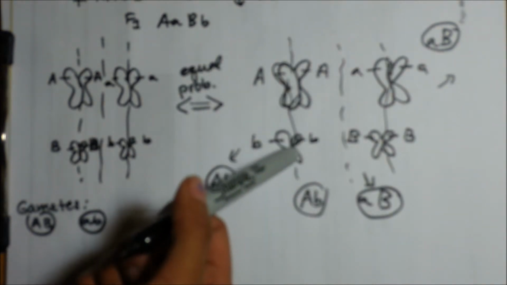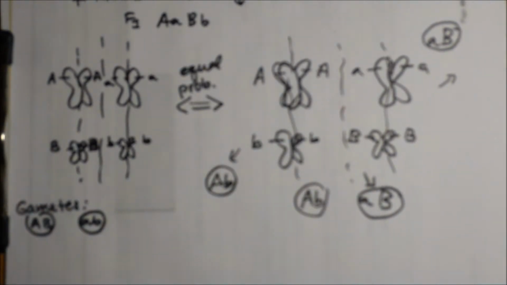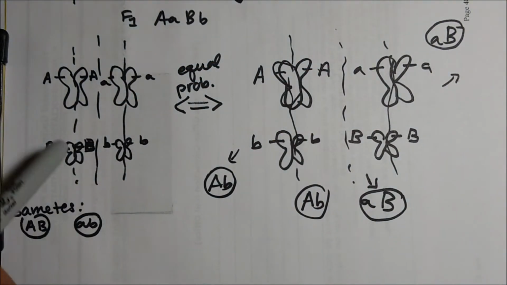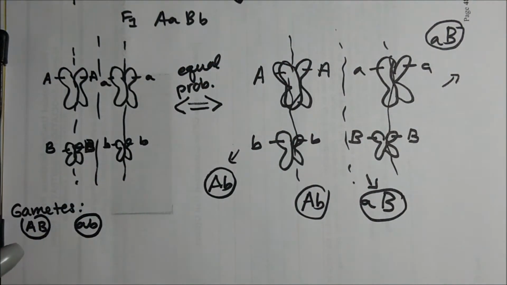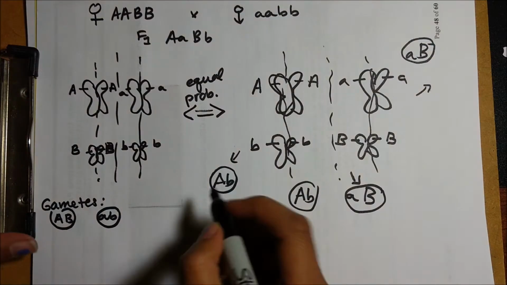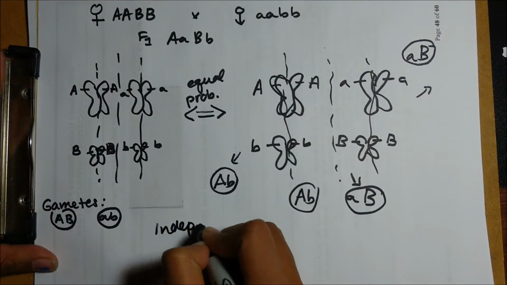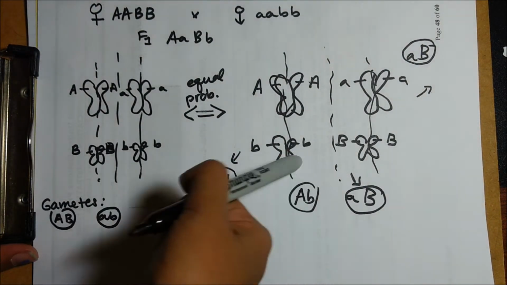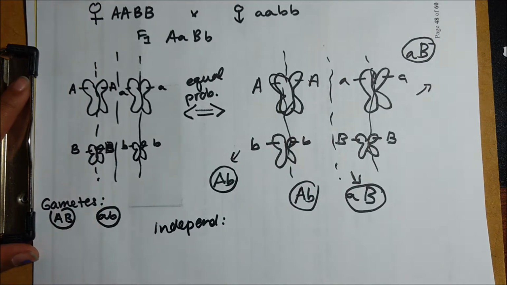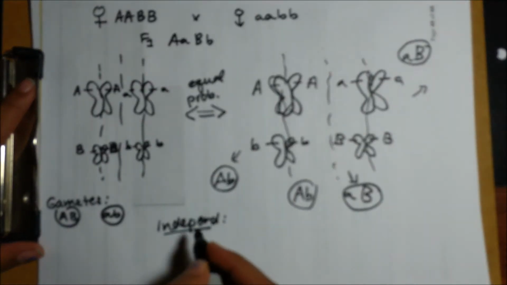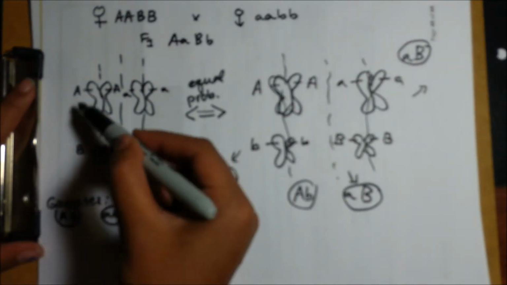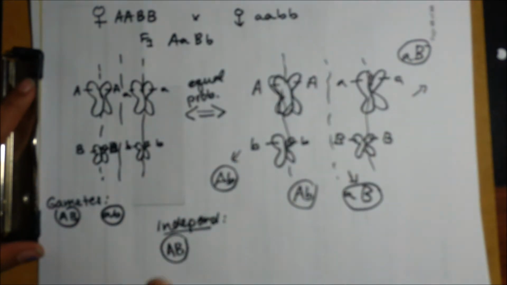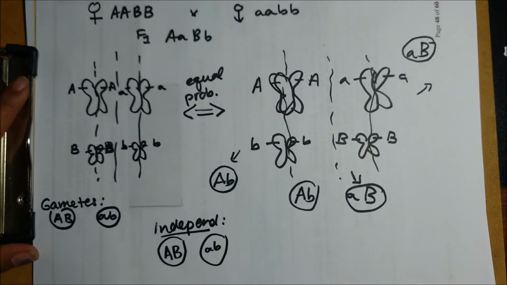Now, independent assortment states that the gametes can either line up this way or they can line up this way. So in independent assortment, these are allowed to switch sides so that the lowercase and capital don't have to stay together. So the different gametes that are possible are capital, capital, lowercase, lowercase.